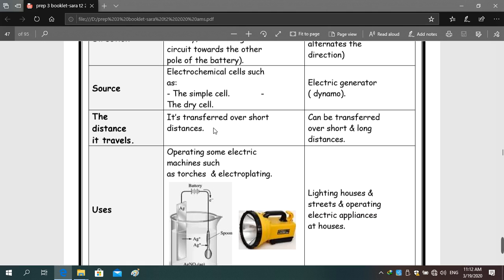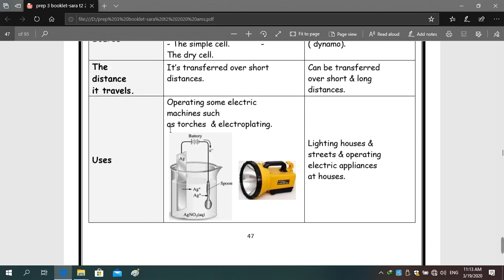So the batteries, which produce direct current, transfer the current over short distances only. Otherwise, alternating current transfers electricity over short and long distances, and is used in house and street lighting.